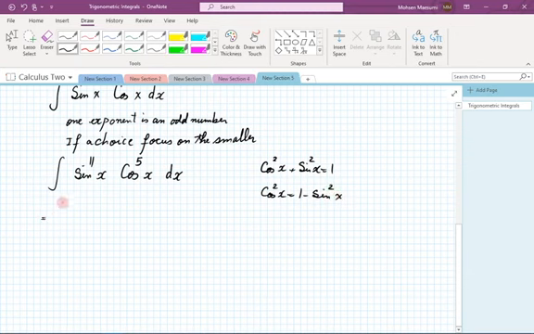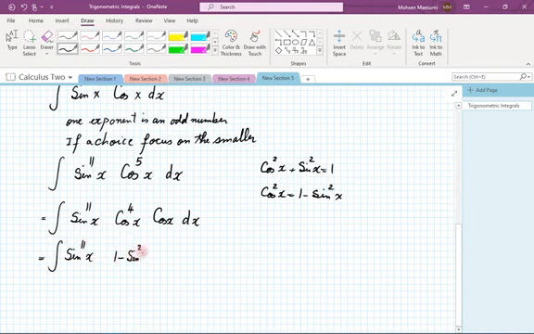So what I have here is therefore sine to power of 11 of x. I separate an even exponent of cosine, and then a single cosine out. The even part is going to be written in terms of 1 minus sine squared of x. That's for cosine squared. This is cosine to power of 4, so I need to square this. Then cosine of x dx.